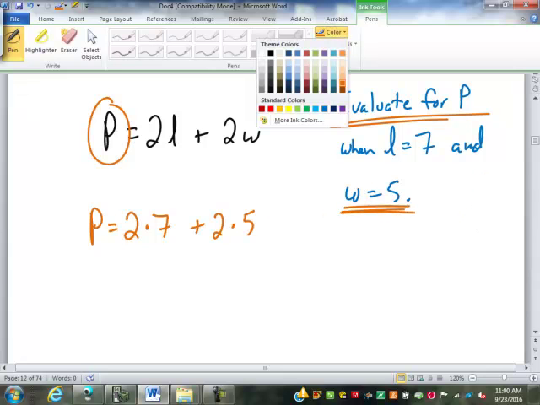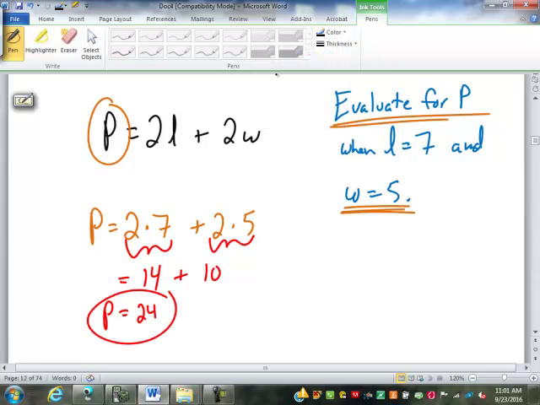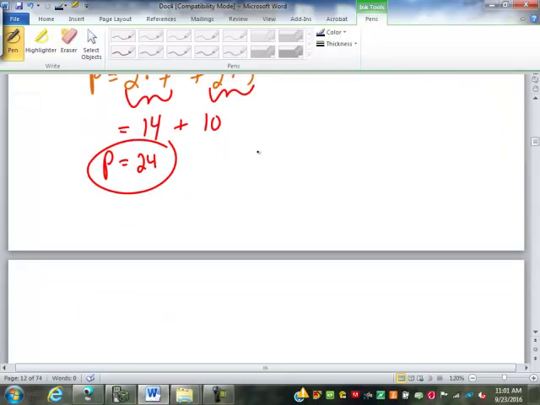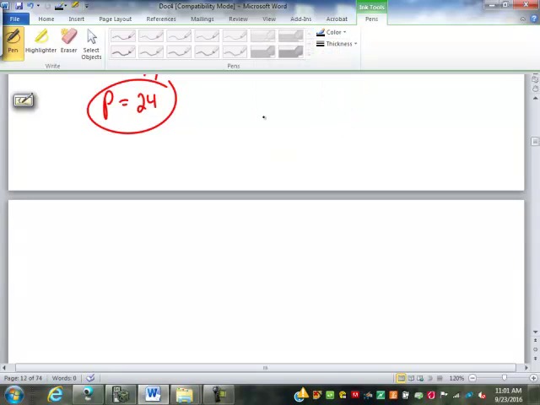And again, it's now just order of operations. 2 times 7 is 14. 2 times 5 is 10. So I add those together to get 24. One that might be a little bit more important for us.